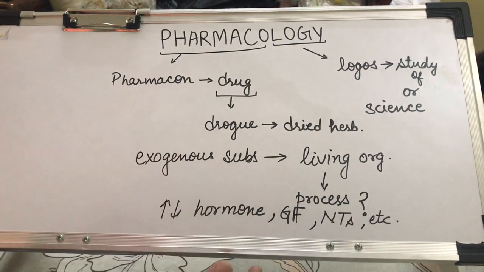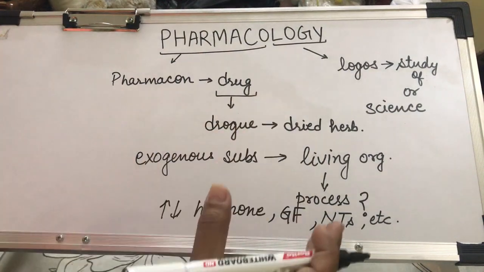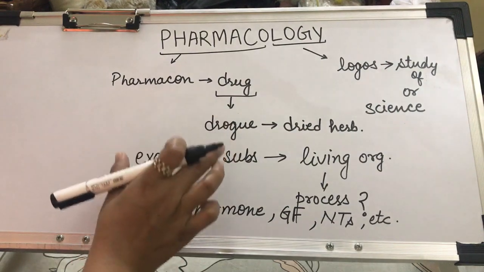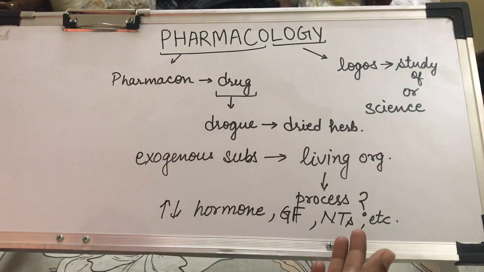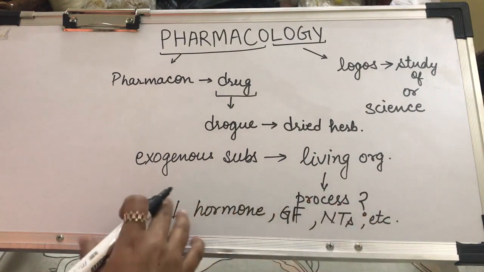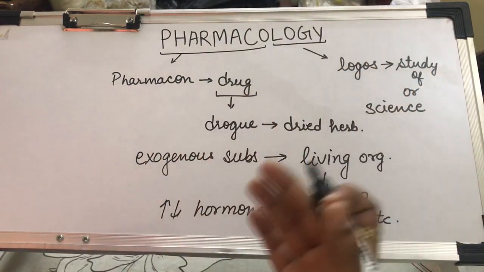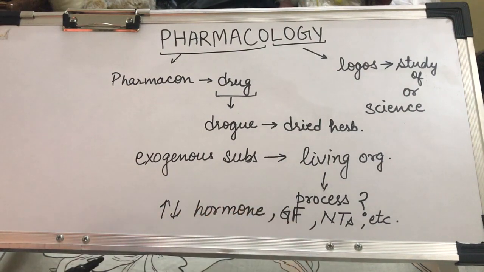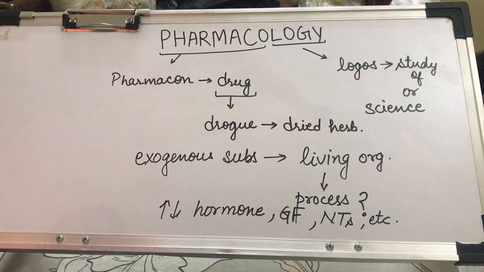That is pharmacology. So the interaction of the exogenous chemical molecule with the living system to give a biological response, which can be an increase or decrease in the activity of the living system, is the study known as pharmacology.